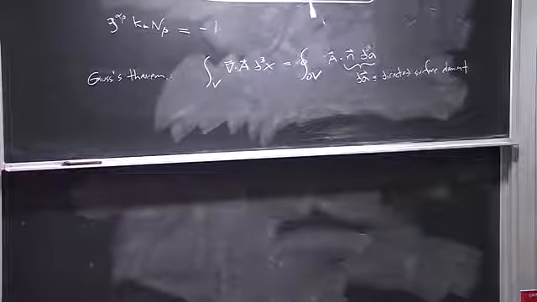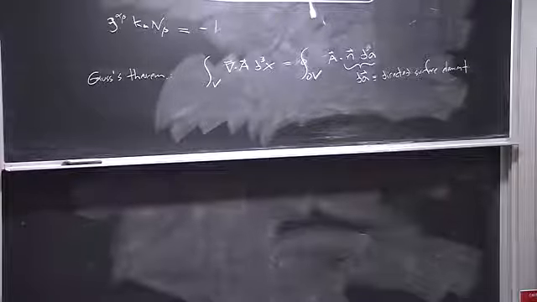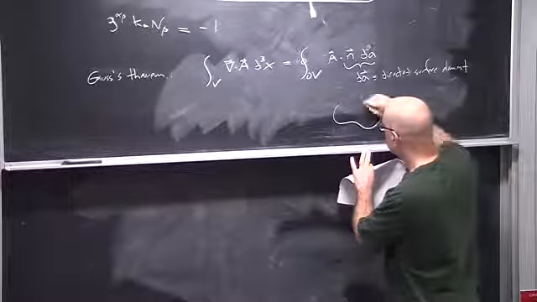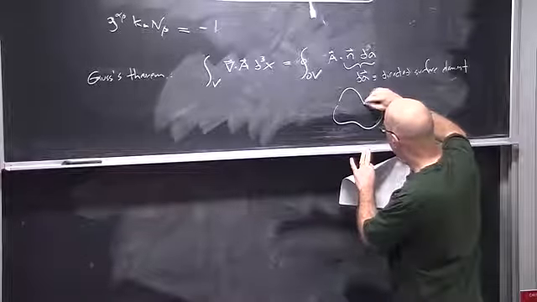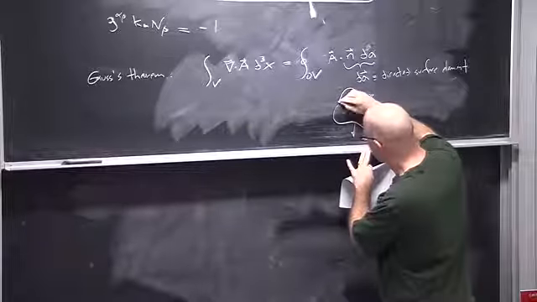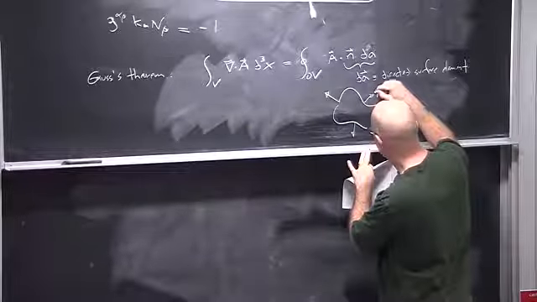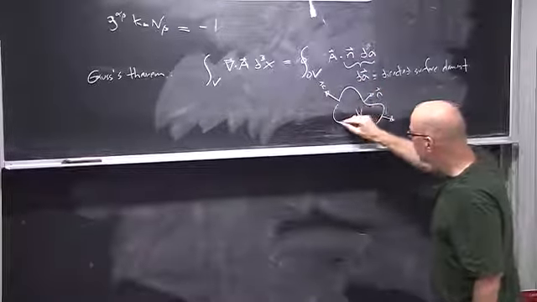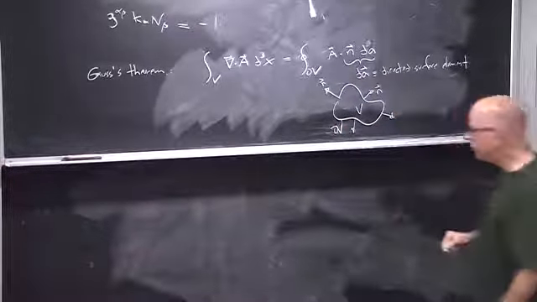Another thing that goes into this is the convention that n will be pointing outward. So if we have a closed surface, n is going to be required to point outward of that surface when we apply this theorem. So that's V, and that's its boundary, delta V.